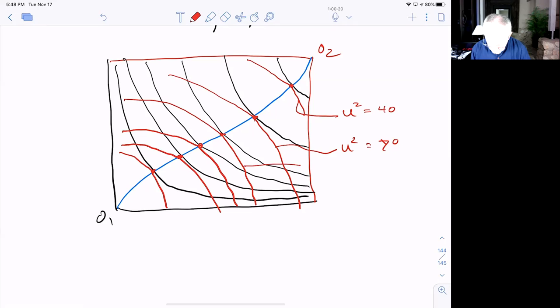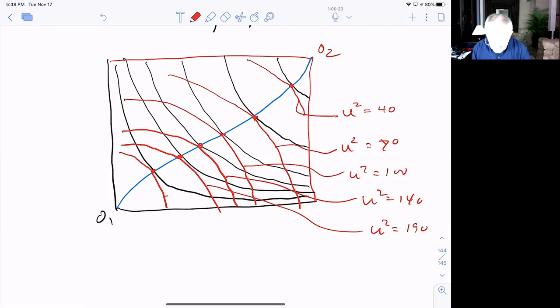And utility on this curve is equal to 100. And utility on this curve is equal to 140. Utility on this curve is equal to 190, and utility on this curve is equal to 220, because we have a constant utility along each of those indifference curves.